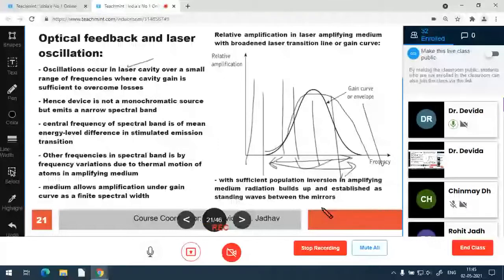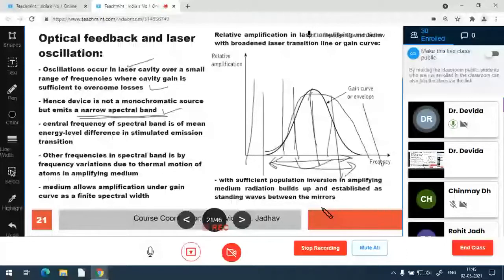This small range of frequency is called the line width, where the cavity gain is sufficient to overcome the losses, hence the device is not strictly monochromatic. If a single frequency were there, it would be monochromatic. But multiple frequencies are supported, so it is not actually monochromatic, but a very small number of frequencies are emitted. So it is a bunch of frequencies, a very narrow spectral band.